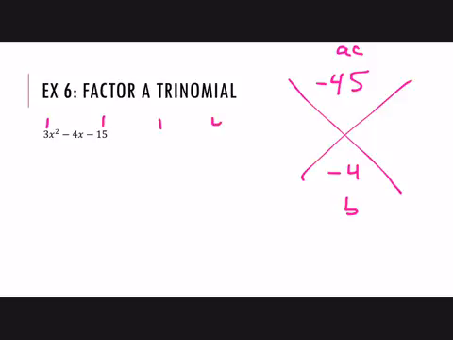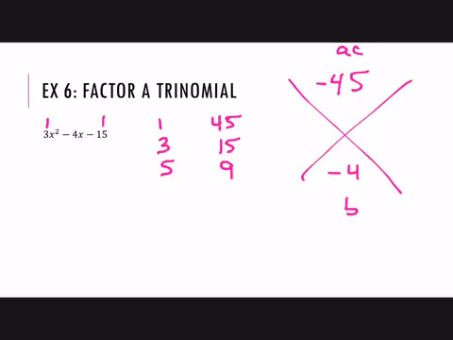So 1 and 45, not 2, 3 and 15, not 4, 5 works, 5 and 9. All right, not 6, not 7, not 8, and then by the time we do 9 here, it's just going to be back to 5 again. All right, so we've crossed over, and that's the complete list of integers that divide into 45.